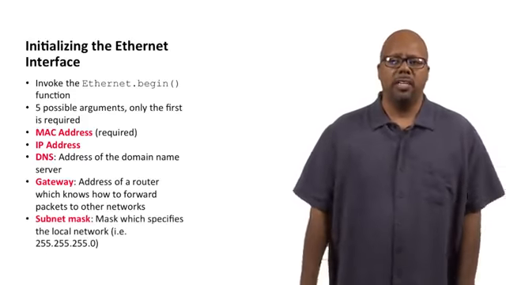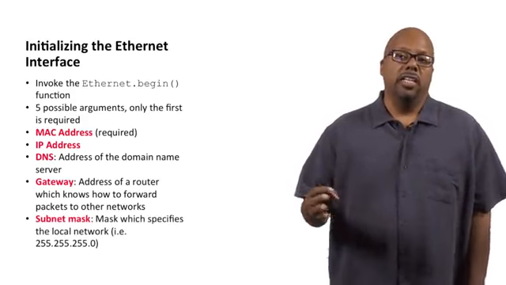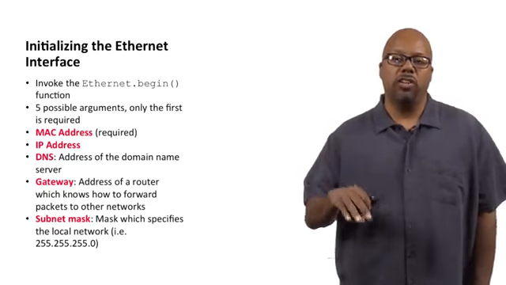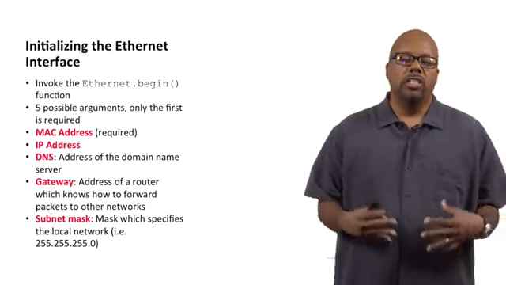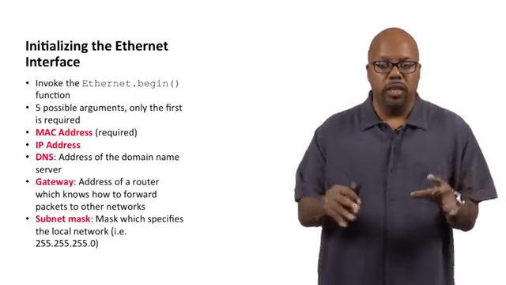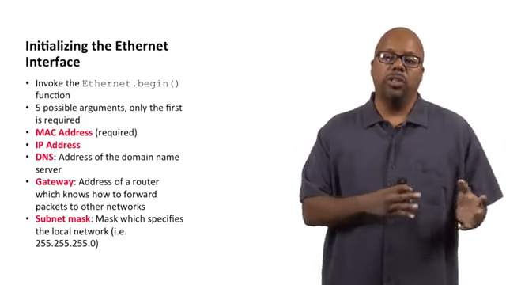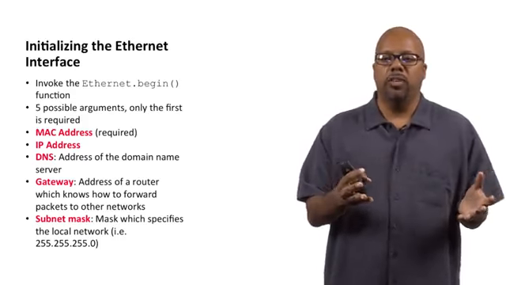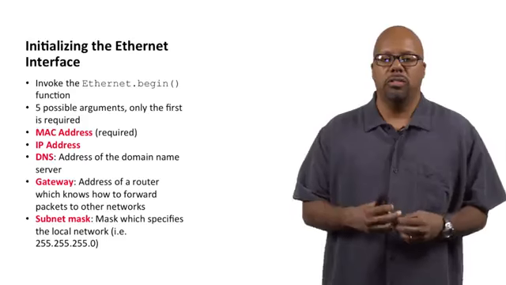Also, the subnet mask. Subnet mask tells this which other IP addresses are in the local subnet. So this is sort of a flexible idea, but a subnet you can think of as your local network, right? And generally what happens is with the IP addresses, it's a 4-byte number, right? 4 numbers separated by decimals.